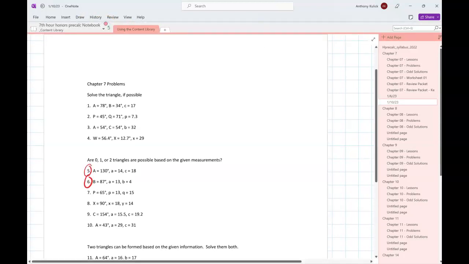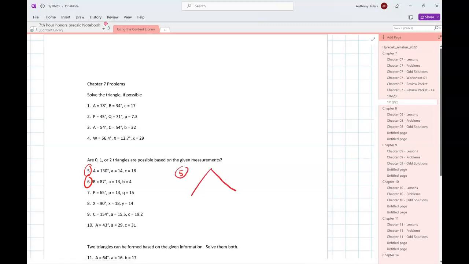So first thing I'm going to do is just draw the picture so I can determine what situation we're in. Okay, so I am in an SSA situation. I can tell because the given angle is not in between the two given sides.